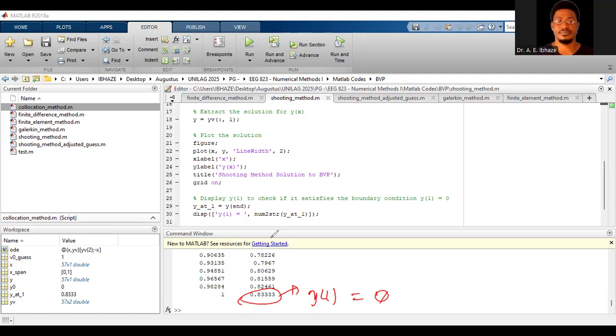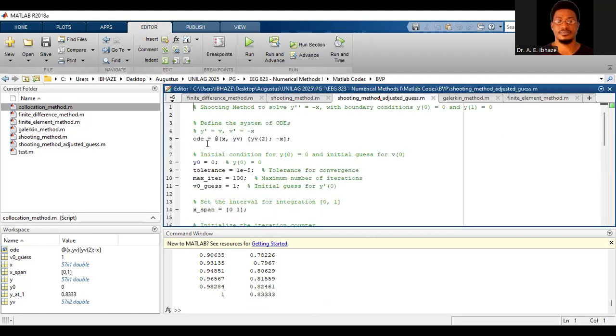So we want to now modify our code, and there we have the adjusted code, which we also converted to the initial value problem. Then we specify the initial conditions with the tolerance value and the maximum iteration with our initial guess.